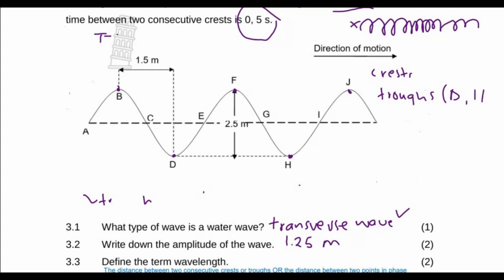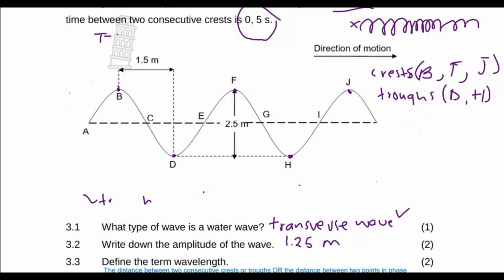D, H. The crests are B, F, and J, right? The distance between two consecutive crests, two crests that follow right after the other.